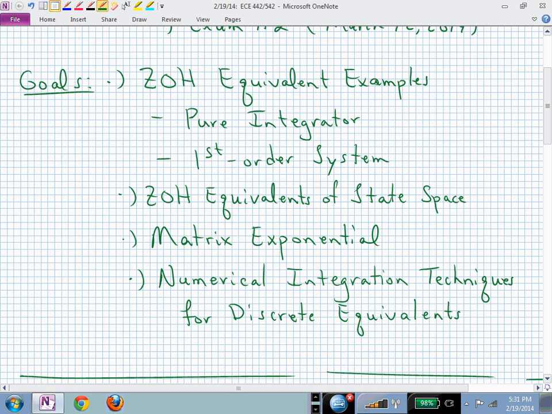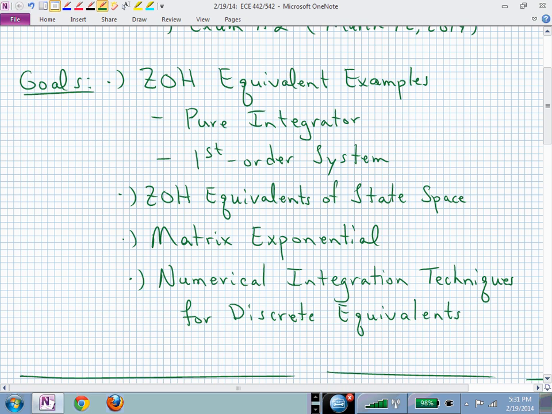We will look at ways to perform that by utilizing the matrix exponential. Hopefully you're somewhat familiar with that, but we will define it and then show how you can factor different expressions to give you a more numerically nice way of computing that matrix exponential.